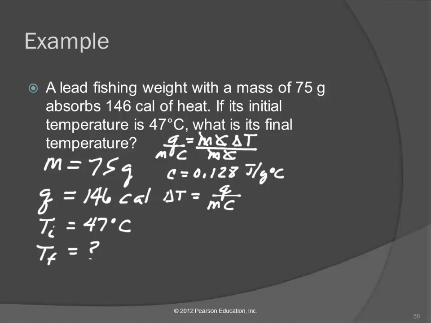So we need to convert 146 calories to joules. Down here, I'm going to say Q equals 146 calories. We need to convert that to joules. The relationship is 4.184 joules per 1 calorie.